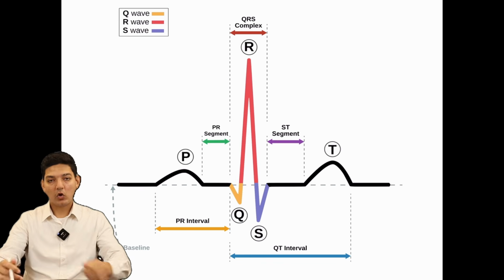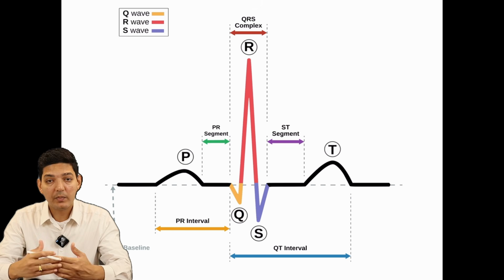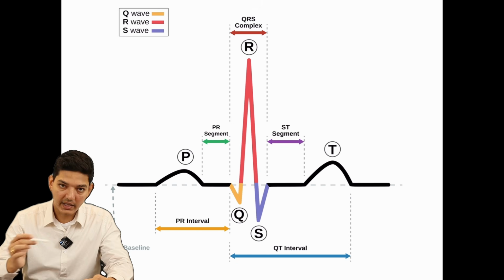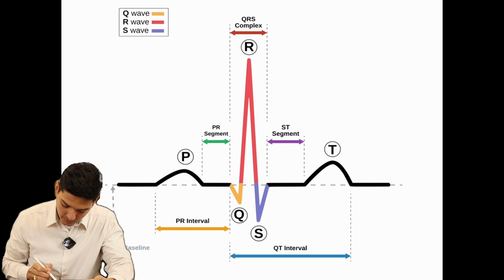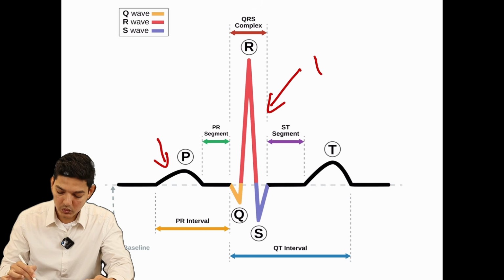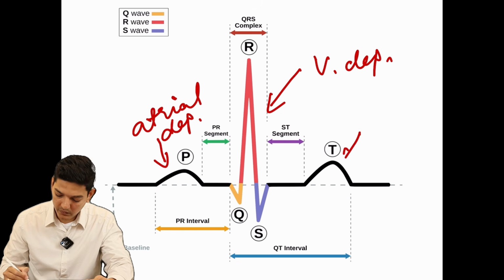Now let's try to understand the nomenclature of all the segments, intervals and waves. Being a resident, it might seem like you know the wave nomenclature, but we'll go over it again so that you have clarity in depth. The P wave represents atrial depolarization, the QRS shows ventricular depolarization, and the T wave represents ventricular repolarization.